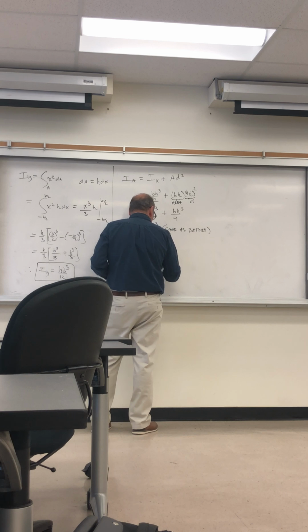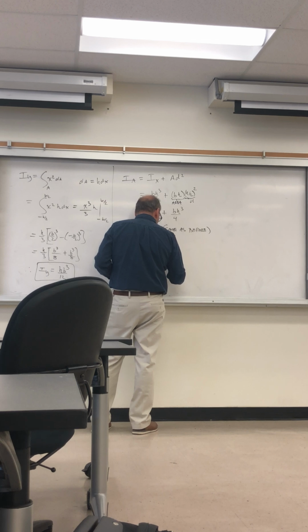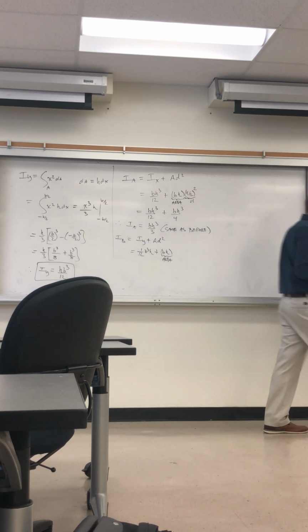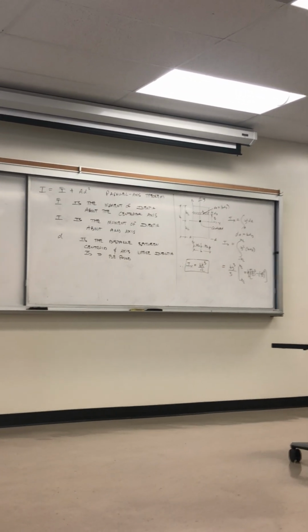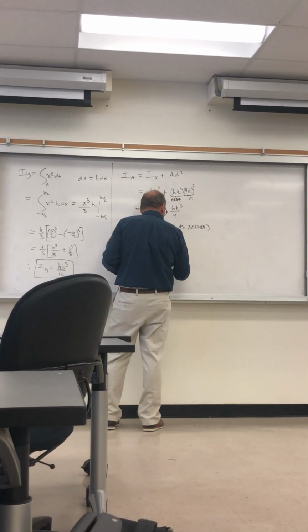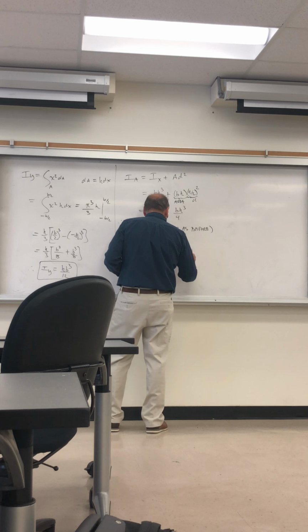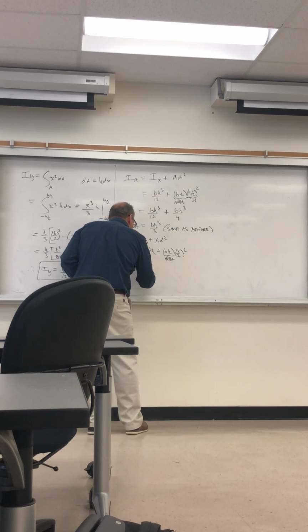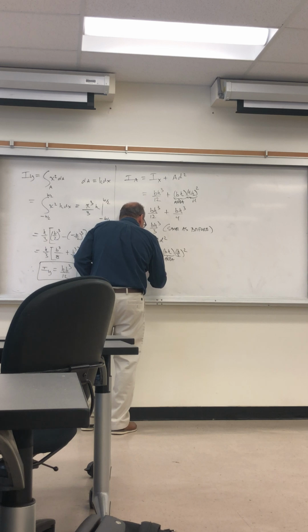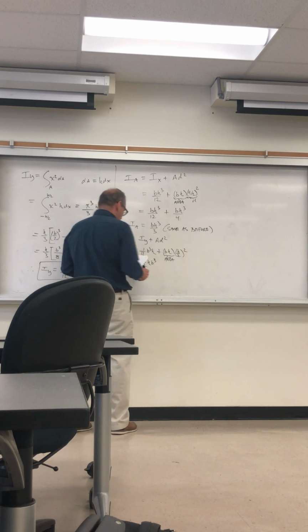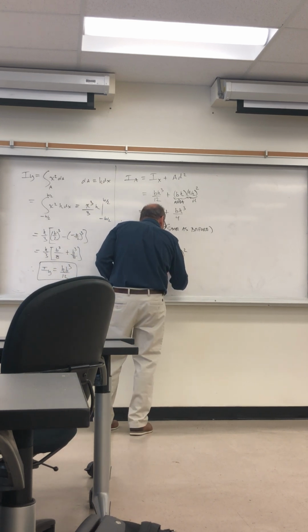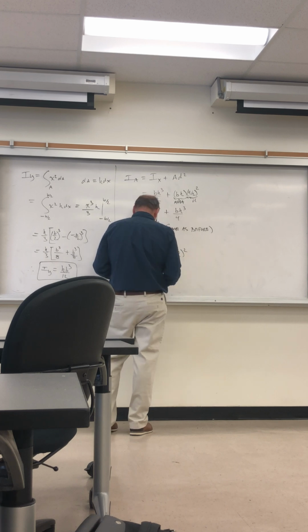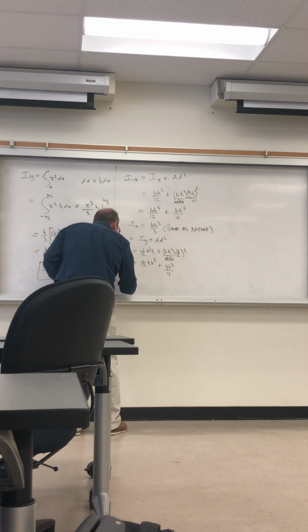Plus the area, which is b h, and then the distance, now we're going b over 2 from here. So one twelfth h b cubed plus h b cubed over 4.